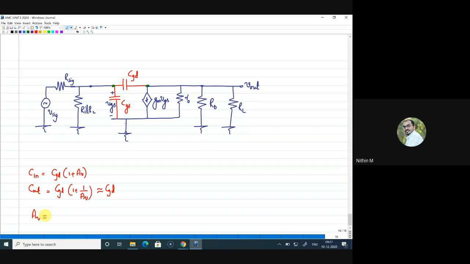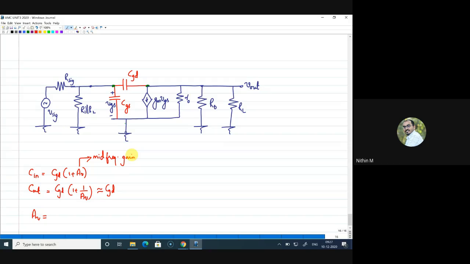When I am asking gain, that is the gain without the capacitance, the usual mid-frequency gain we write. Minus Gm into RD parallel RL parallel R naught. Very good.